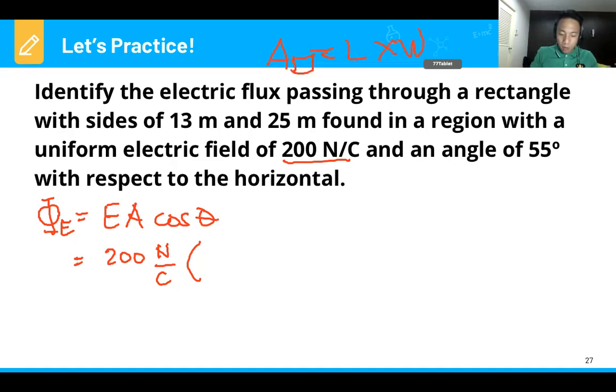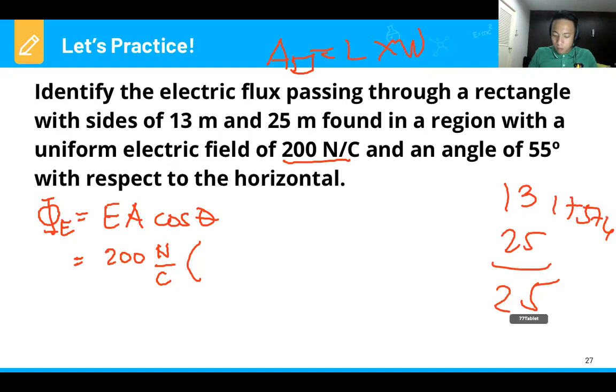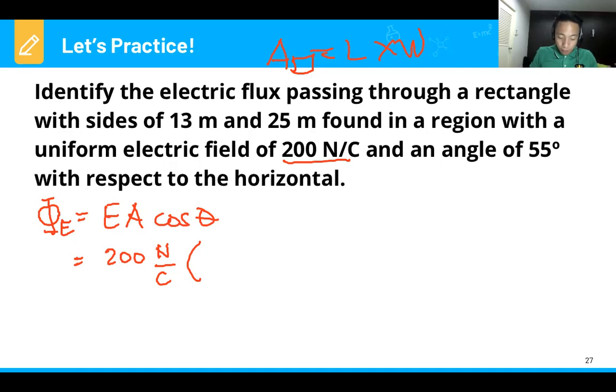So I will just multiply these two: 13 multiplied by 25 is 325 meter squared, and then cosine 55 degrees.